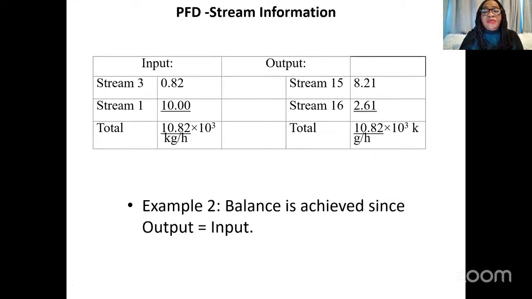So here, stream 3, the input stream for hydrogen is 0.82. Stream 1 is 10. So if you add them, you have 10.82. Then stream 15 is 8.21. Stream 16 is 2.64.